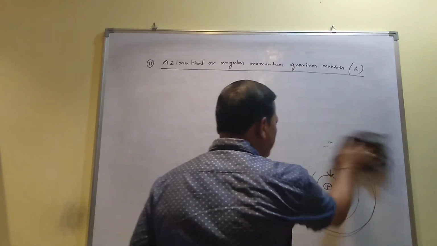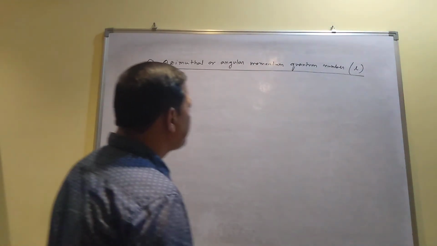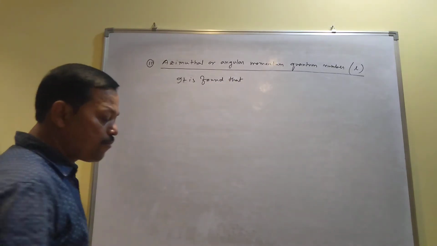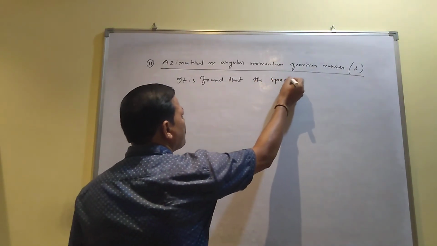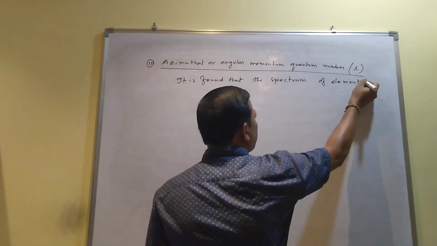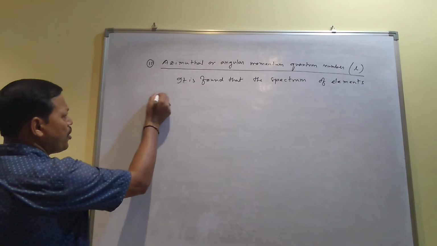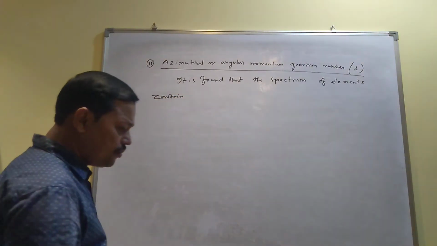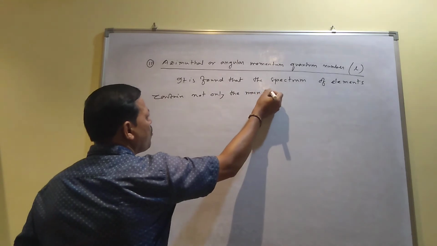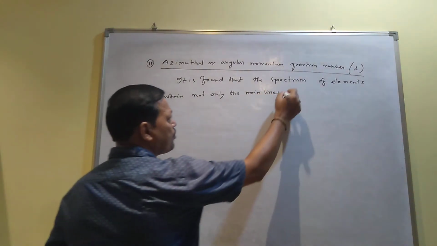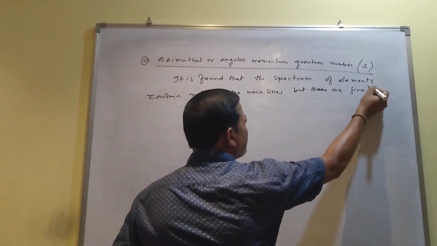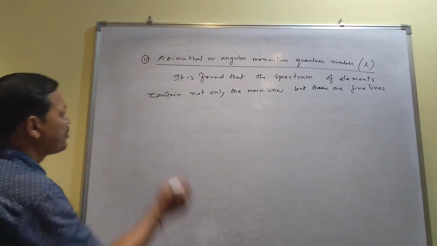So, to explain this, it is found that the spectrum of elements contains not only the main lines, but there are fine lines also present.